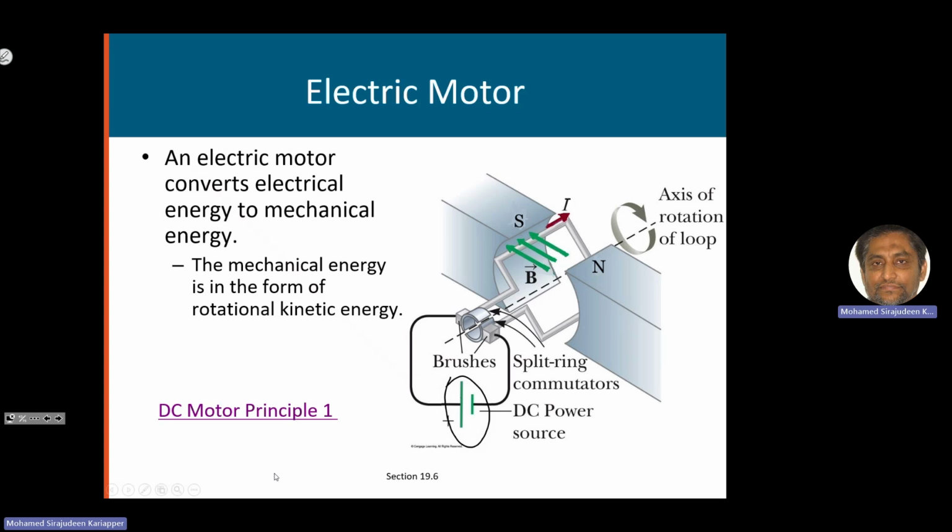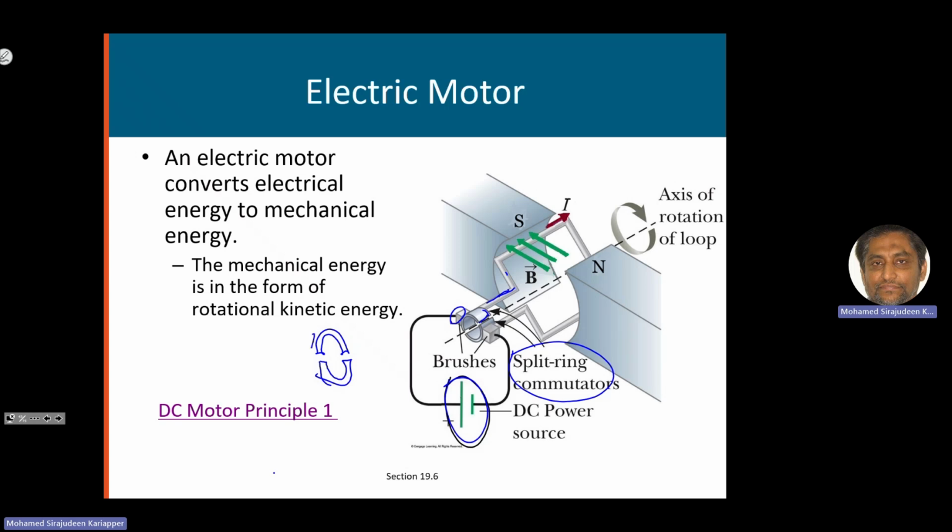So when you have a DC voltage applied, we have a solution. If you can see this diagram here, this coil is connected to a battery via brushes, and they have what is called split ring commutators. If you look at it, it is one ring split in the middle, so you have a half ring above and a half ring below.